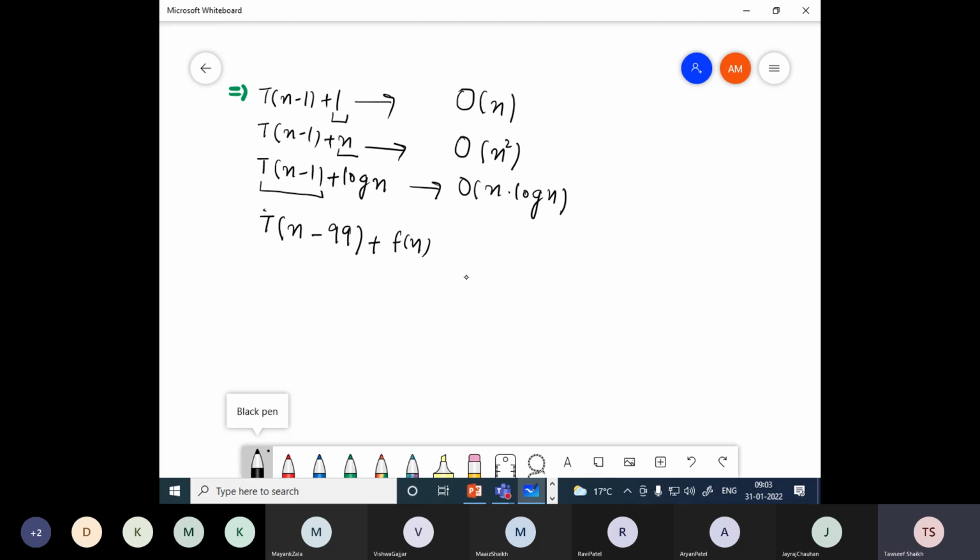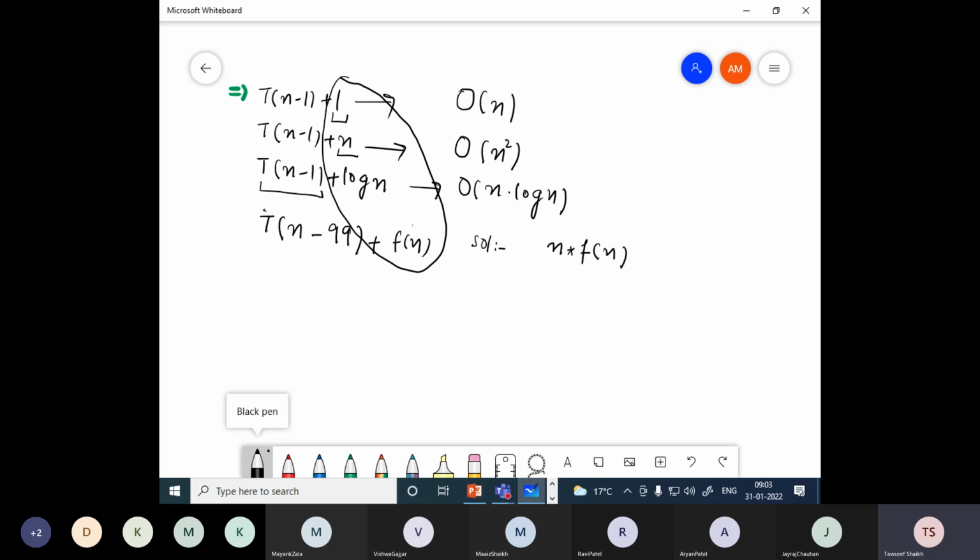Sometimes it could be 1, sometimes a power of n, and sometimes log n. Whatever your function on the right hand side is, f of n, such recurrences have the shorthand solution n into f of n. Simple.